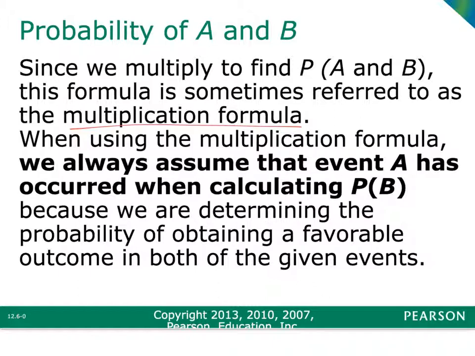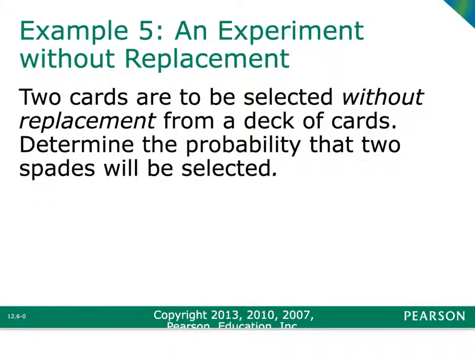When using the multiplication formula, we always assume that event A has occurred when calculating event B, because we're always determining the probability of obtaining a favorable outcome in both of the given events.